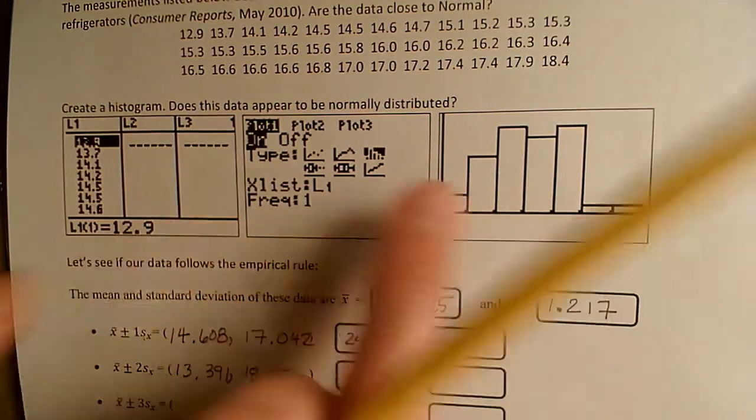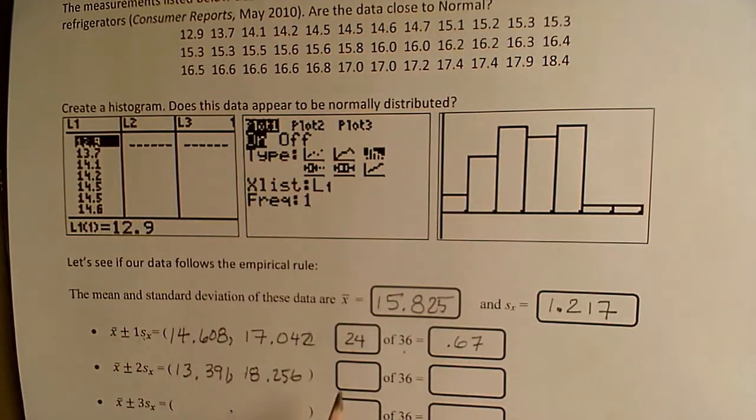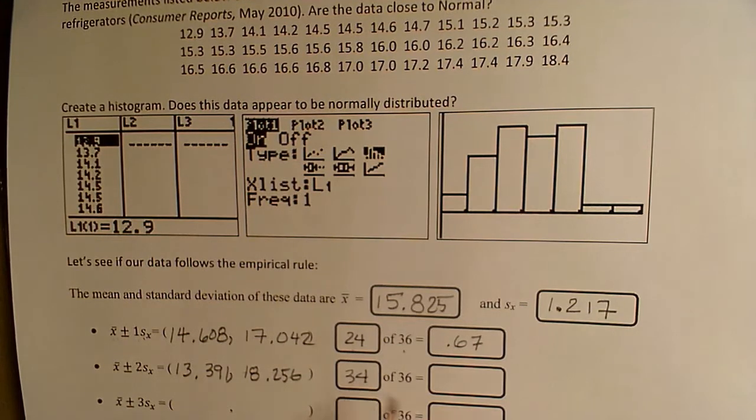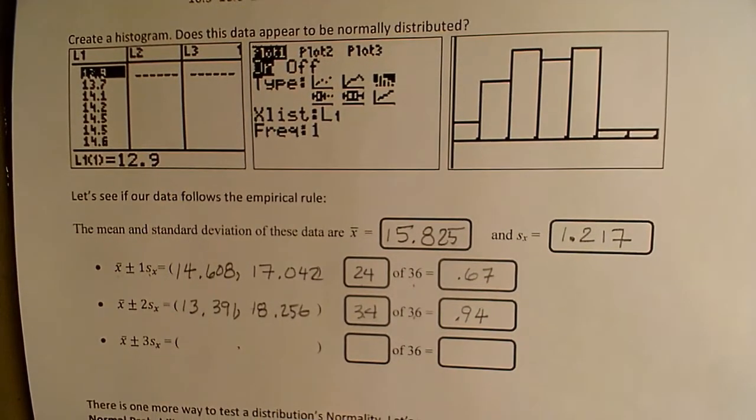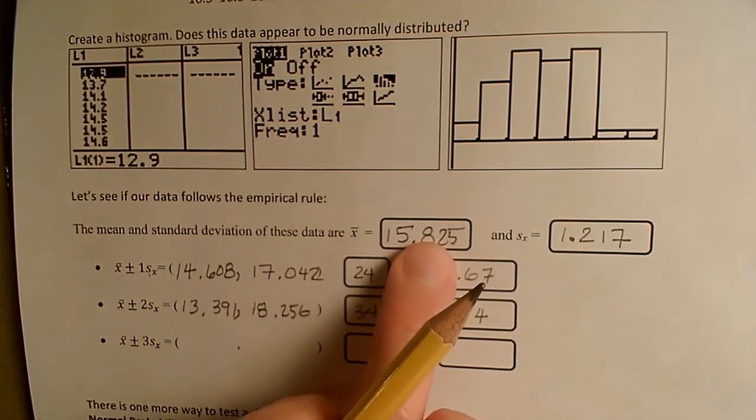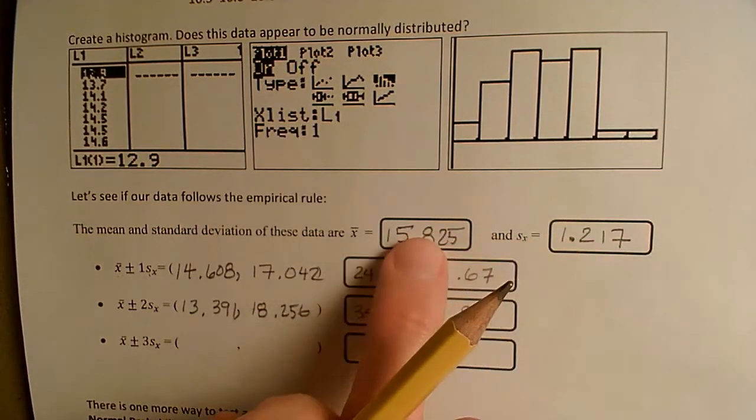Because now we're out further. And so that ends up being about 34 of them. 34 of 36 ends up being about 0.94. And then finally, do the same thing, the mean minus 3 and the mean plus 3.